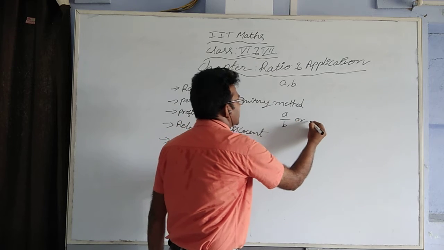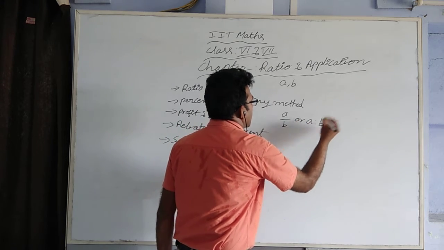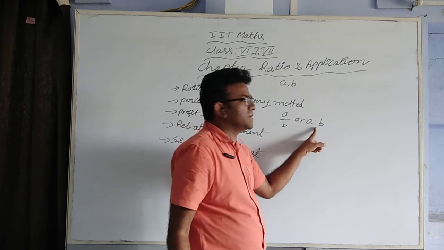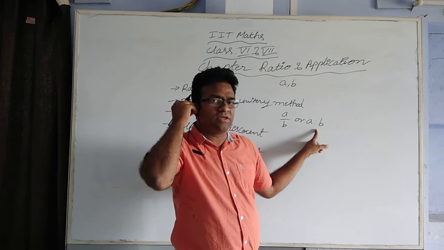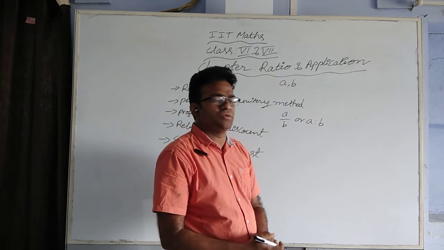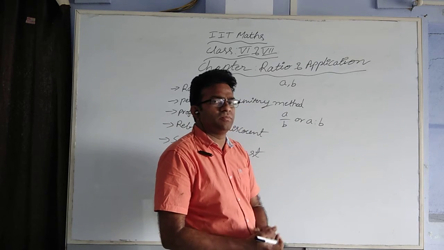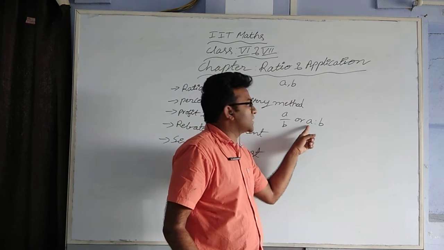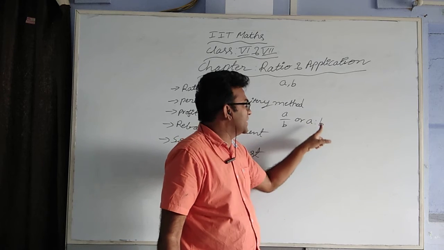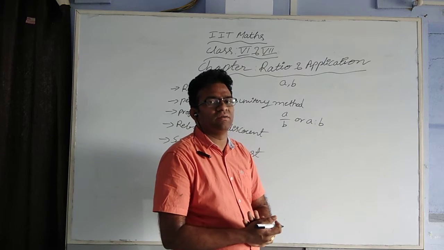Ratio is represented with a symbol, which is nothing but "is to". Here A is one term and B is one term. A is called antecedent, B is called consequent.